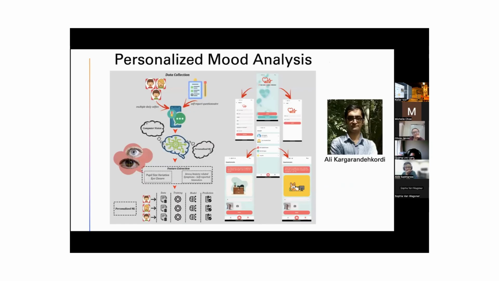An incoming student to UH next year, Ali, is working on personalized mood analysis. He has built this really nice user interface app called STAND, which stands for Stress and Anxiety Detection, which basically pings people periodically to take a selfie of themselves.